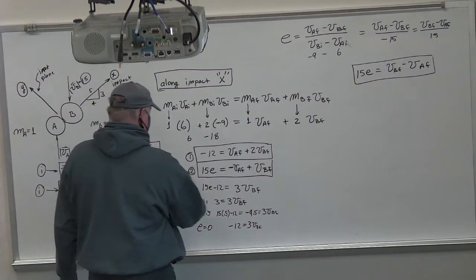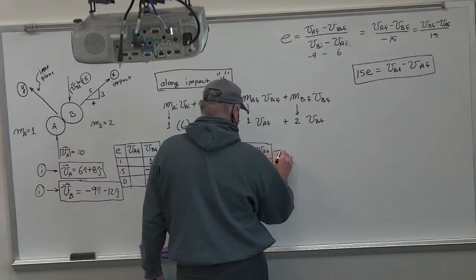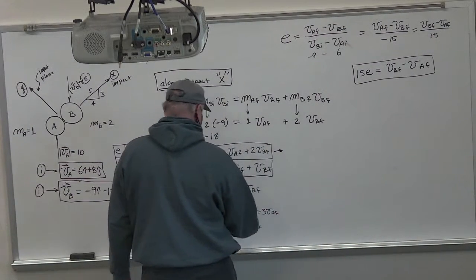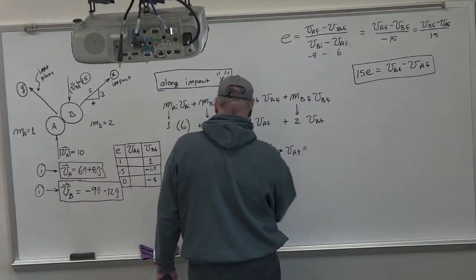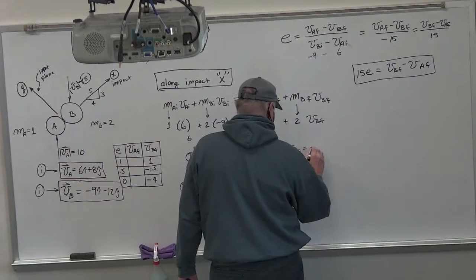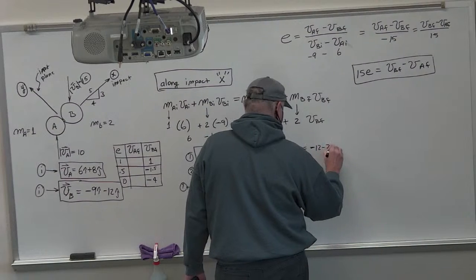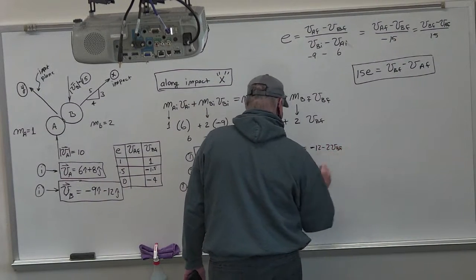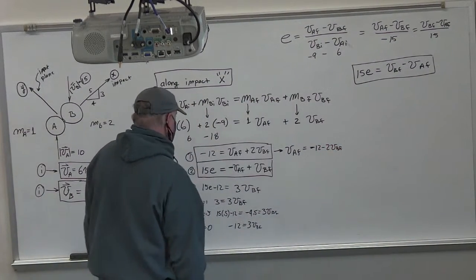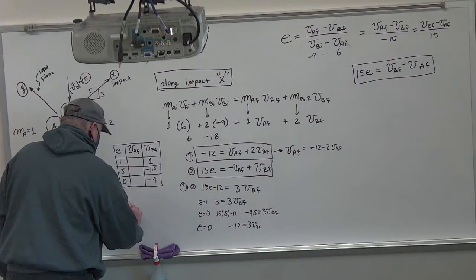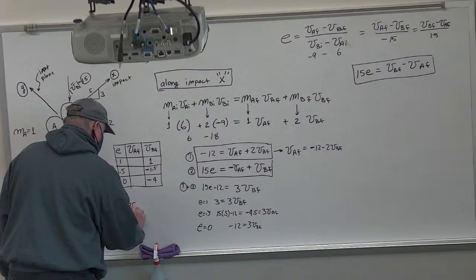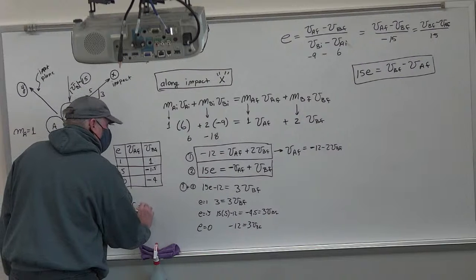Now, I can take this equation and say the A final is equal to minus 2 VB final. So I'm going to come over here and do that same equation, because it's very close on the board.